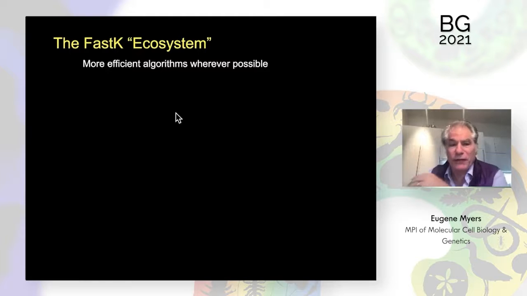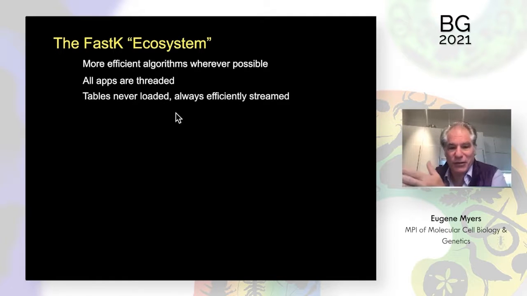So all of the applications that we've been discussing were implemented from scratch, often with the best possible algorithms for each task. Because I re-implemented or started anew on all of these, all of the programs can be threaded. They all efficiently stream the tables, and so you don't need a high-memory machine to run any of the programs using FastK.